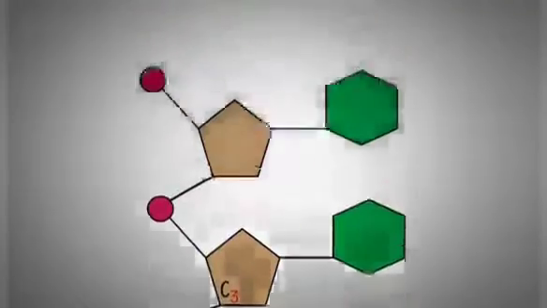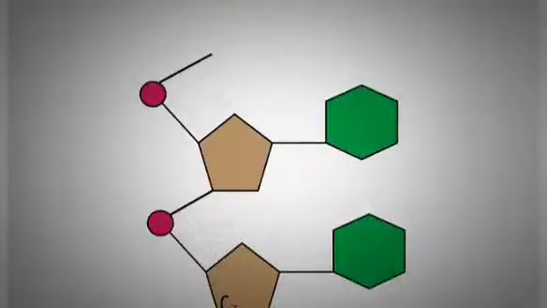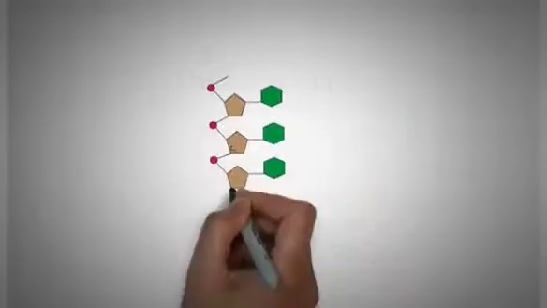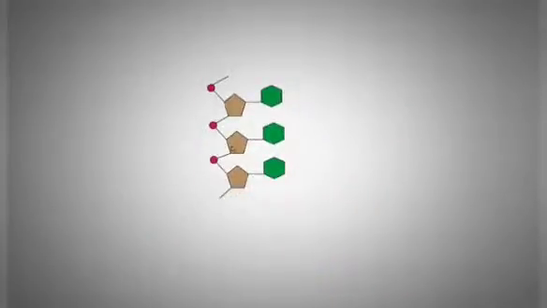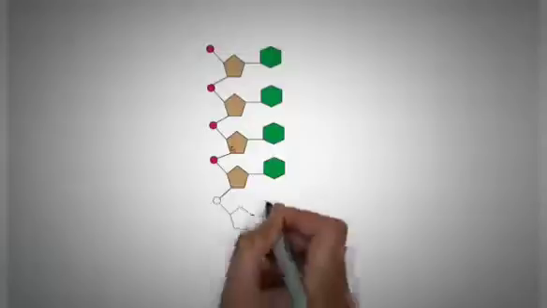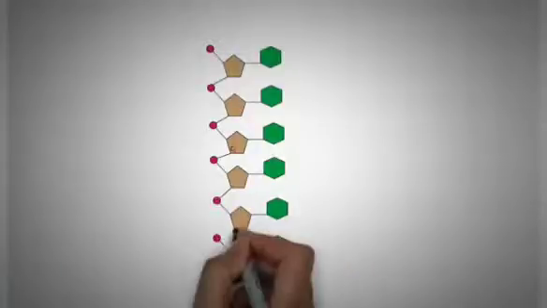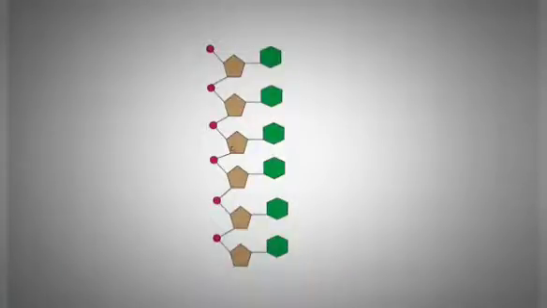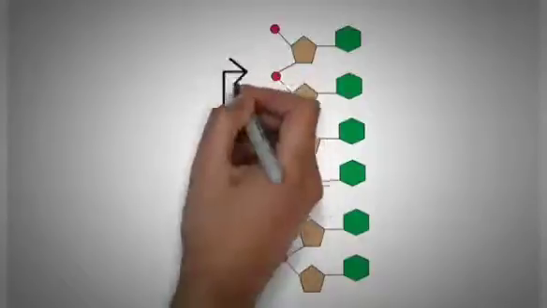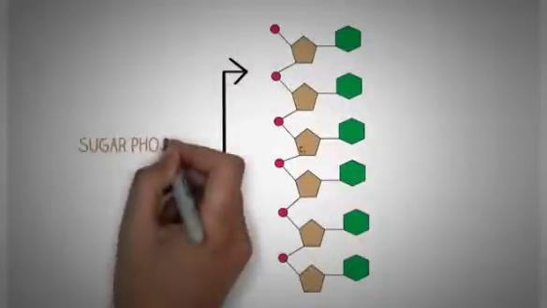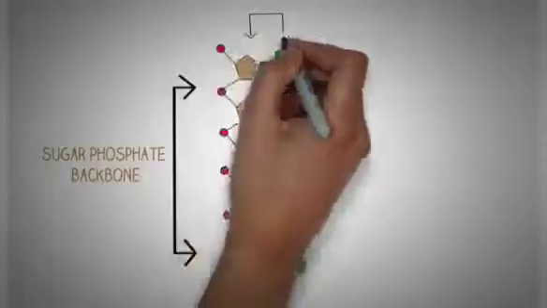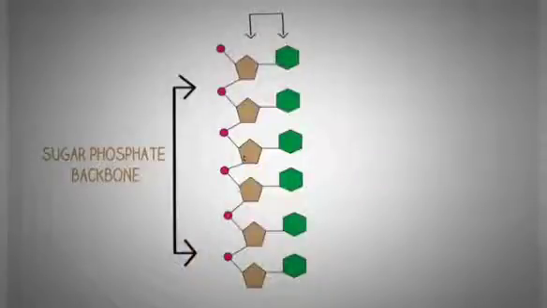So you can see that the phosphate groups form bonds both above and below the chain of these nucleotides. As a result, a long chain of nucleotides is formed, which consists of a sugar phosphate backbone, and in the center we have all these nitrogenous bases which project from the sugar phosphate backbone.